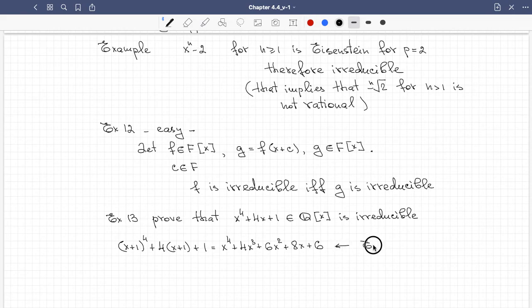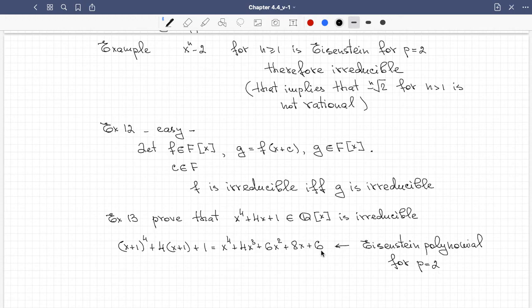So now it turns out that this polynomial is Eisenstein. This is an Eisenstein polynomial for the prime 2. Indeed, the leading coefficient is 1. All other coefficients are divisible by 2. 4 is divisible by 2, 6, 8, 6. All divisible by 2.